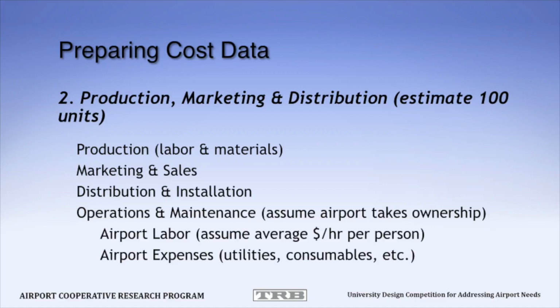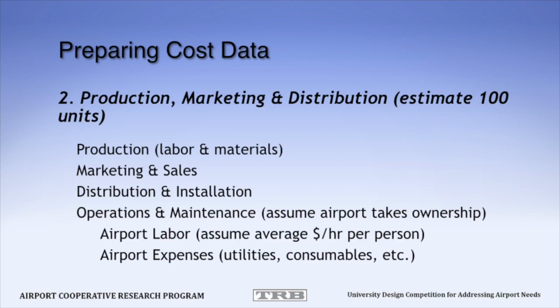Don't forget marketing and sales, because somebody's got to sell your product to get it out there. And again, tracking or estimating expenses. So what is it going to take in terms of materials, marketing, sales, and distribution.